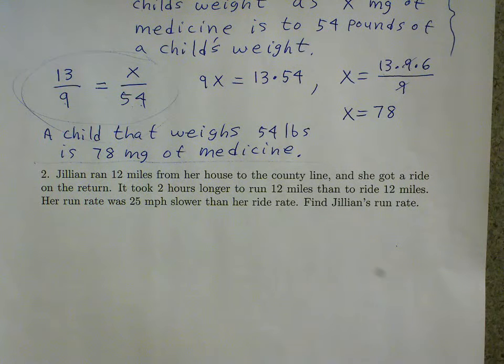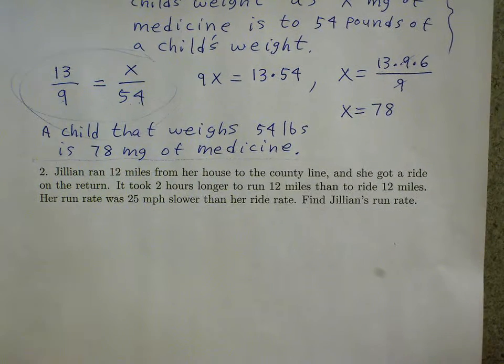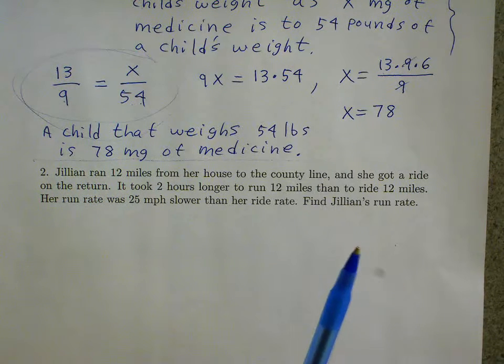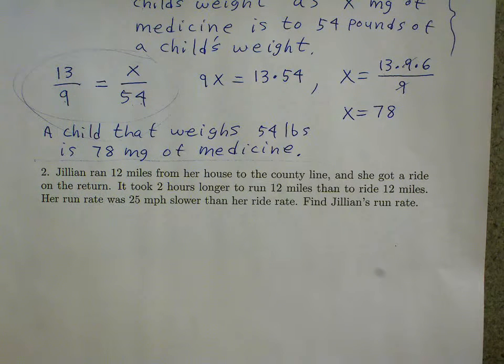So rate times time equals distance is the kind of equation that we're looking at. Uniform motion. Rate times time equals distance, or a variation of that. It could be rate equals distance divided by time, or time equals distance divided by rate.